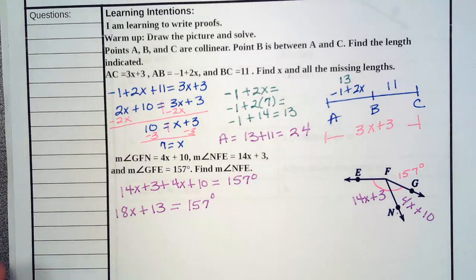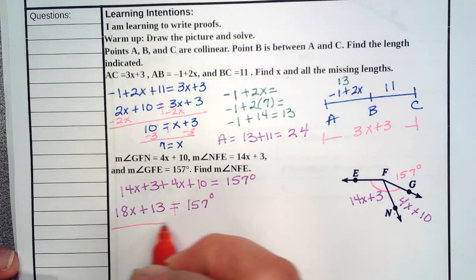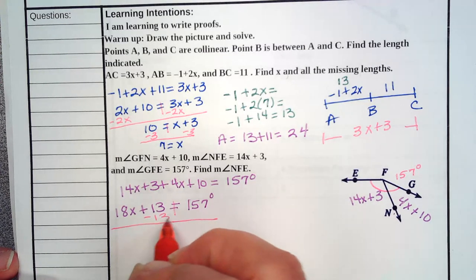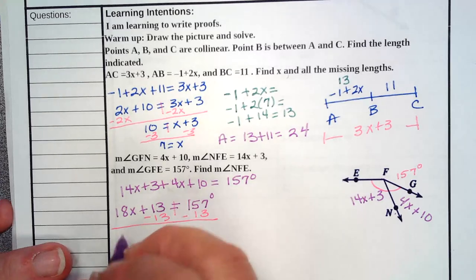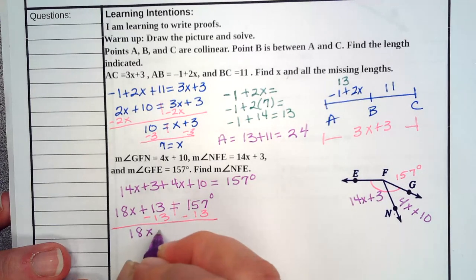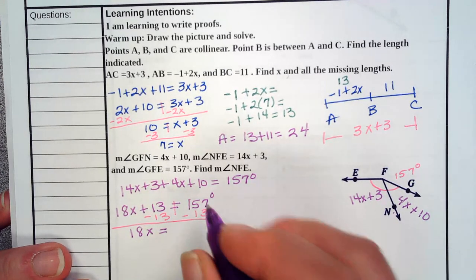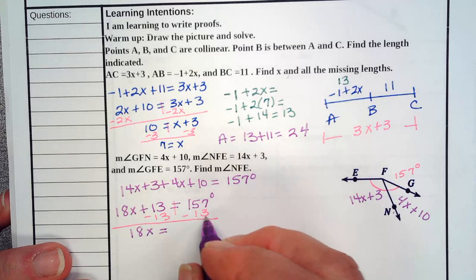We're ready to solve for x. Subtract 13 from both sides. 18x is equal to 144 degrees.